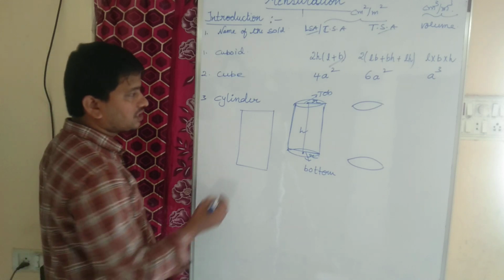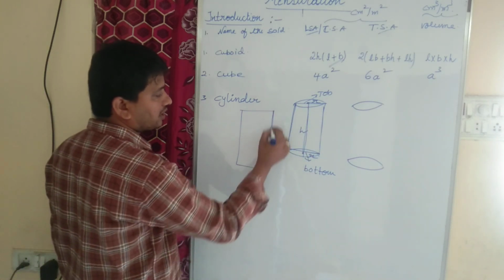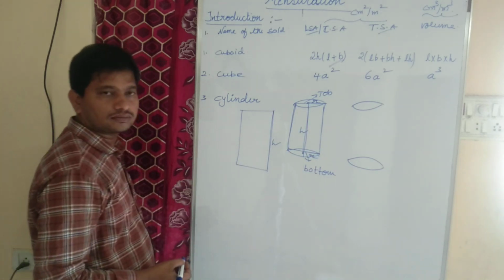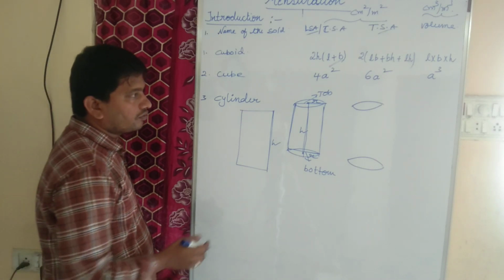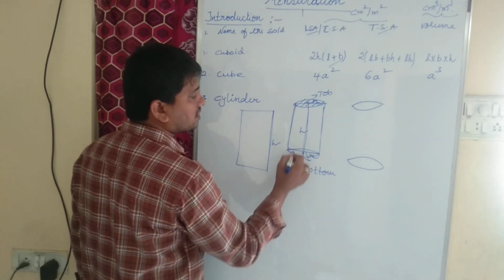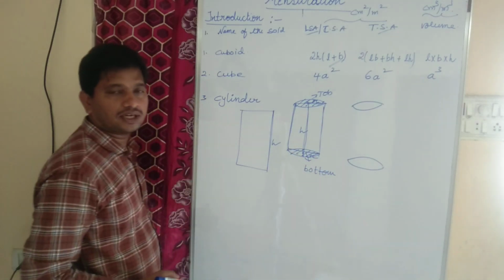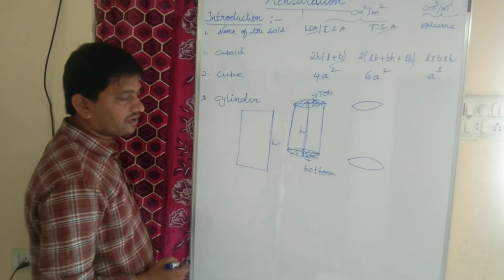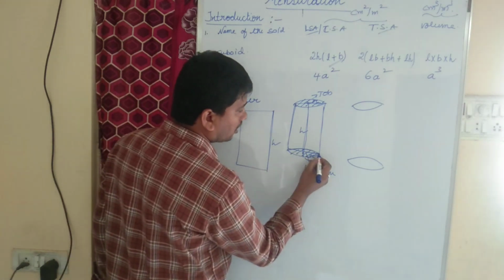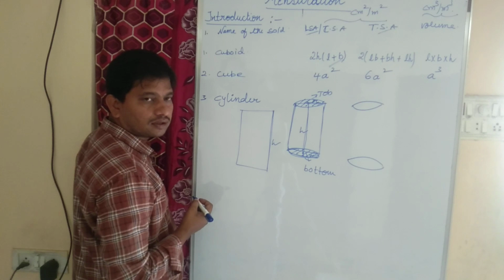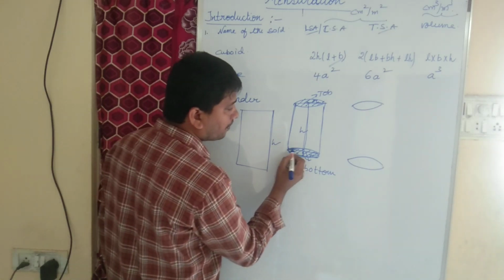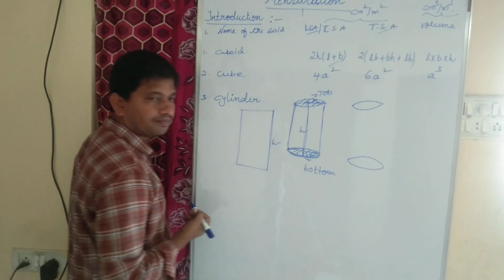As you know, this is our height and this will become our height, right? Now we are removing the top face and bottom face, then we will get the lateral surface area. So this is our h. If you observe here, the top and bottom face are circular in shape.